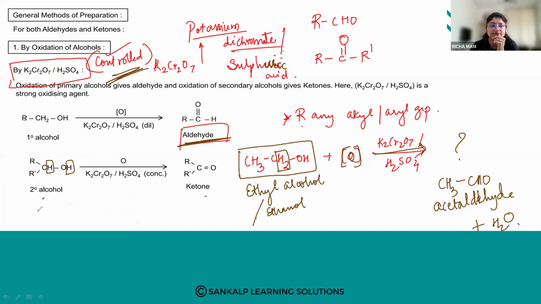CH3CH(OH)CH3 in the presence of K2Cr2O7 in the presence of H2SO4. Can you tell me the answer now?